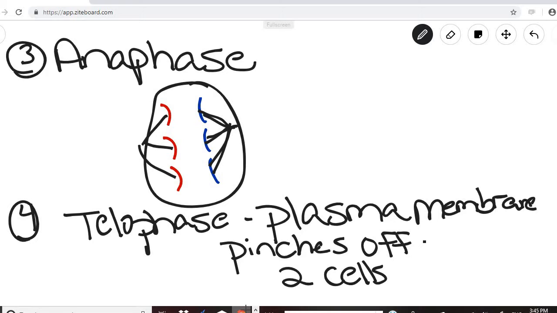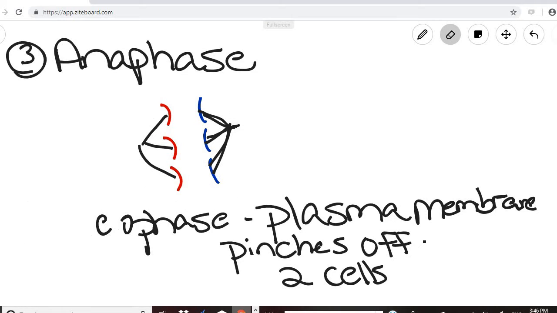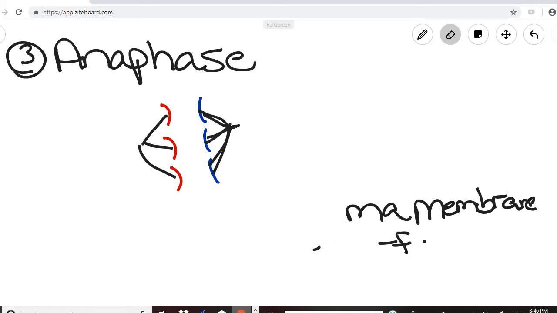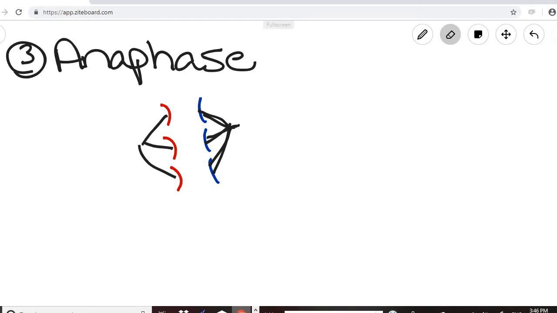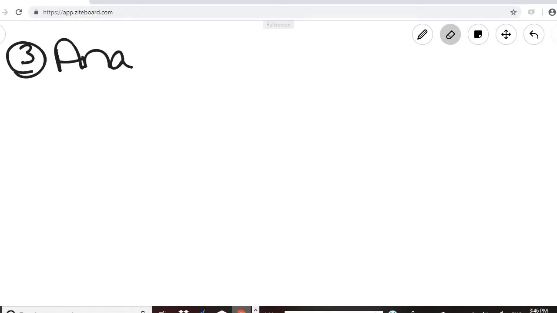Okay, then each of those two cells will be in interphase, and each of those two cells will then go into mitosis, and each of them will produce two cells. So now from the initial one cell that we started with, we have 4 cells. Those 4 cells will go through mitosis, and then we had started with 1, and then we'd have 8, et cetera, et cetera. That is how mitosis happens.